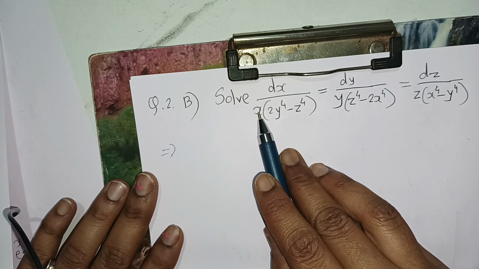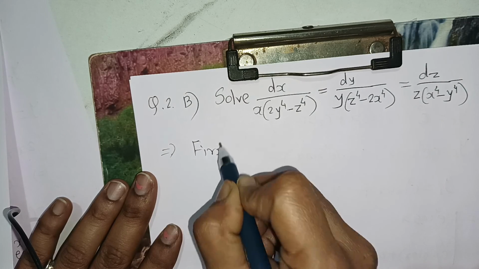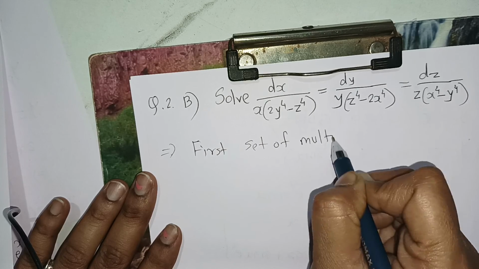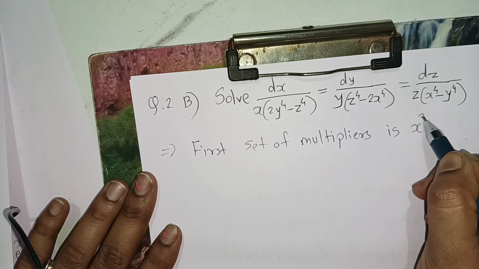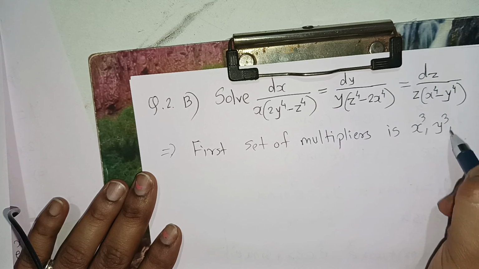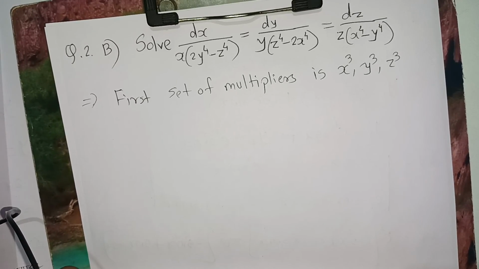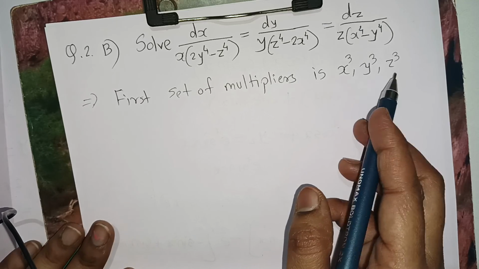So what will be your first set of multipliers? The first set of multipliers is x cube, y cube and z cube.